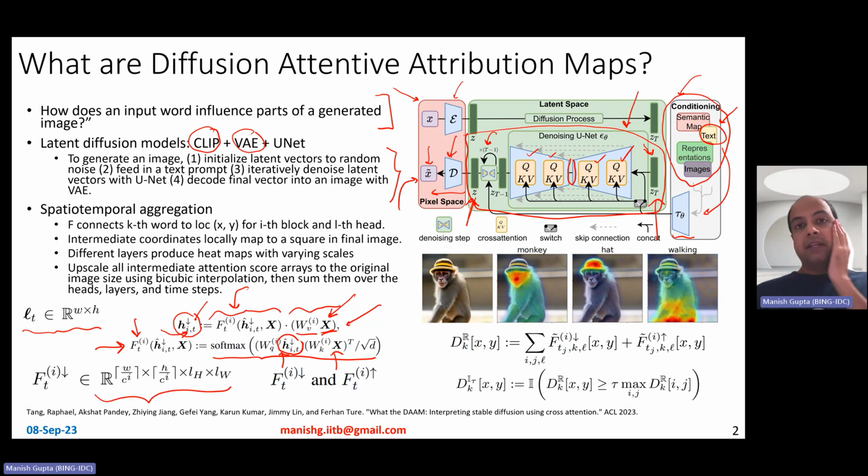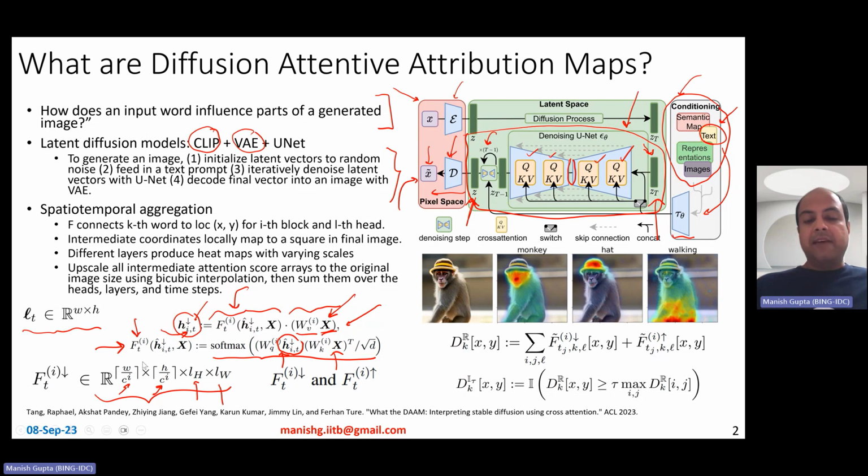Its size is given by the width of the downsampled image, the height of the downsampled image, and then LH stands for the number of heads. Of course, this is multi-head attention, so you could have several heads. And then LW stands for the size of the overall text.